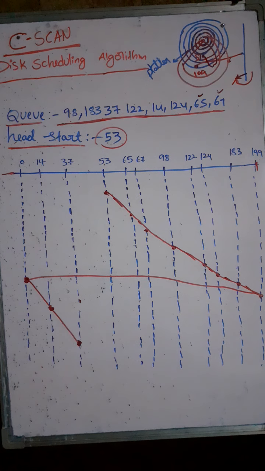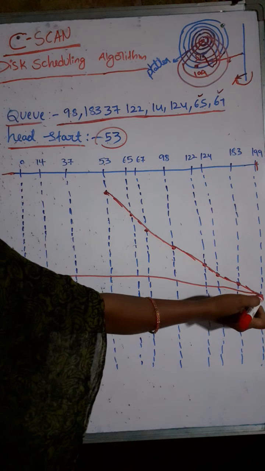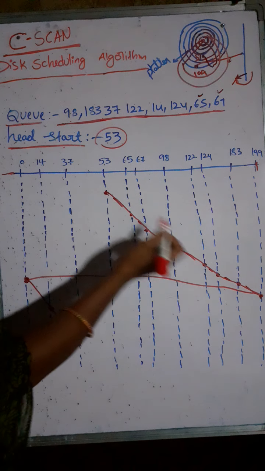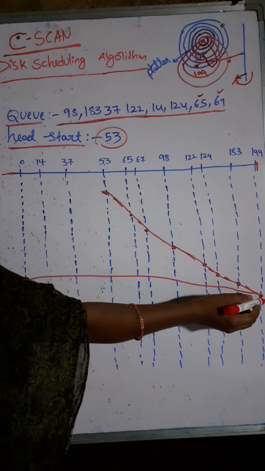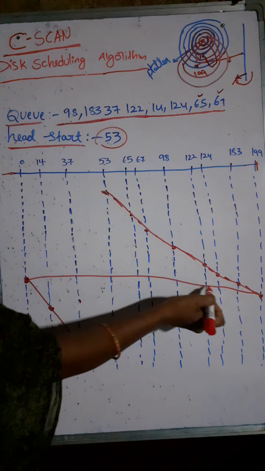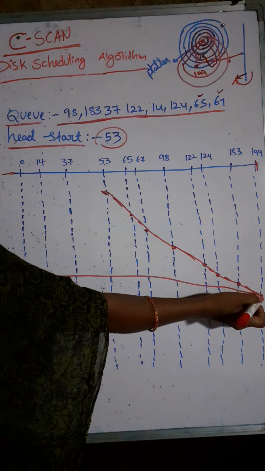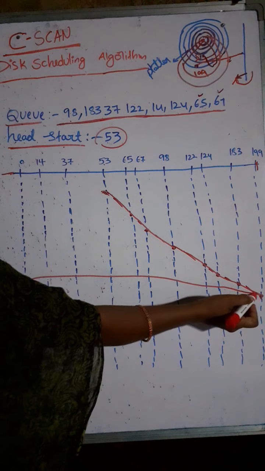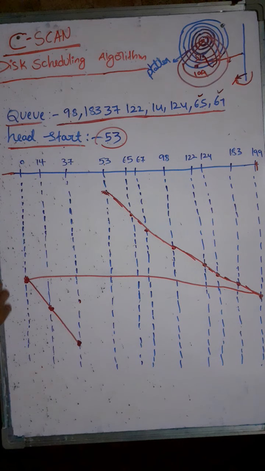So the only difference is this: in the SCAN algorithm, when we reach one end, we change our direction and serve all the requests in our path. But in the case of circular scan, when it reaches one end, then without serving any request, it returns back to track 0.